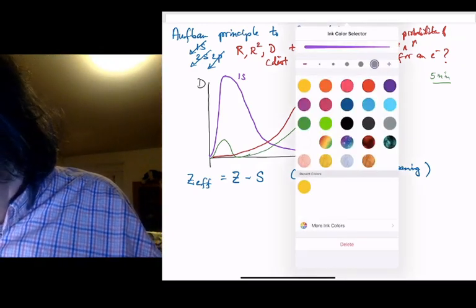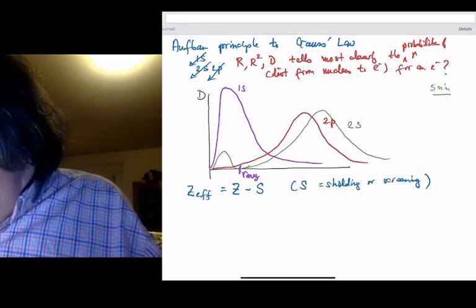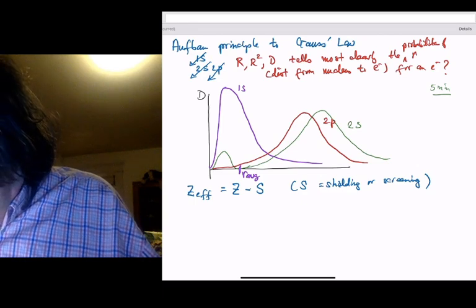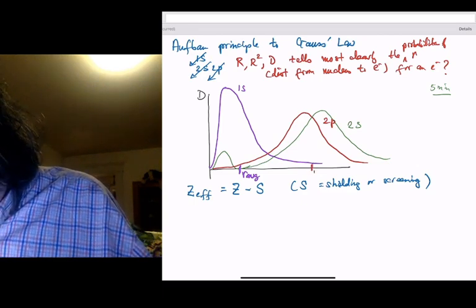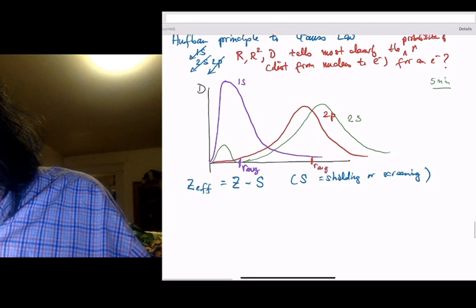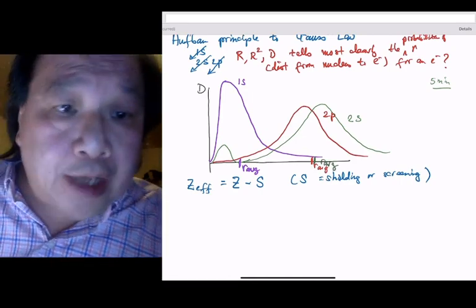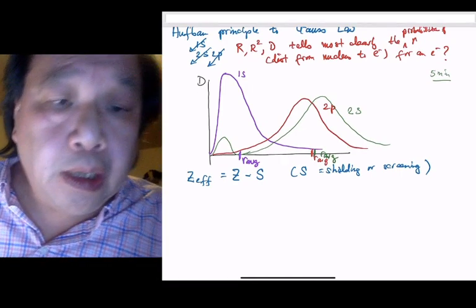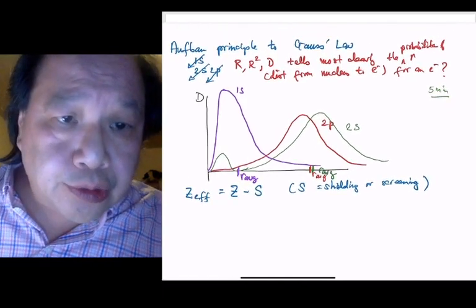The average distance for 1s is here, and the average distance for 2s and 2p are here. So 1s sits inside the 2p, and therefore, according to Gauss's law, it shields.